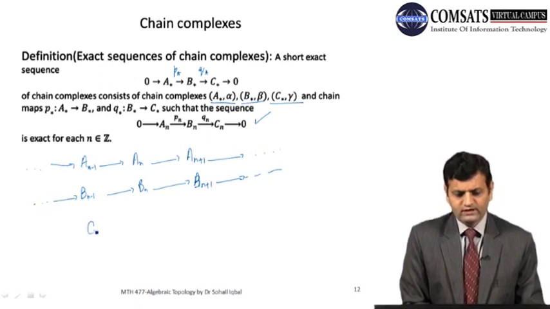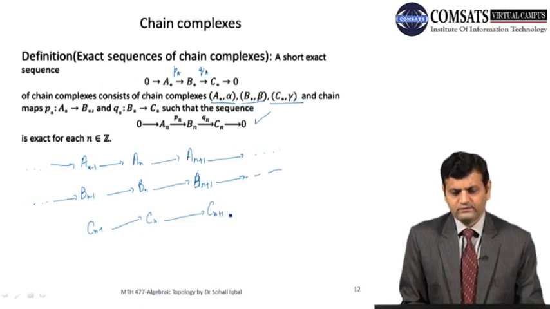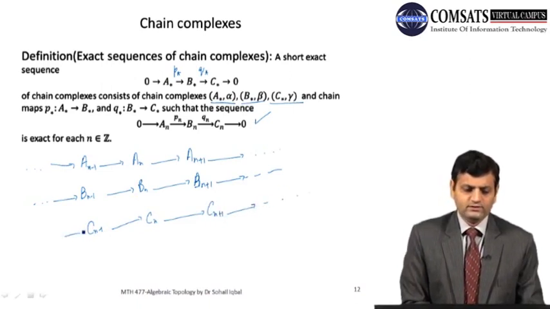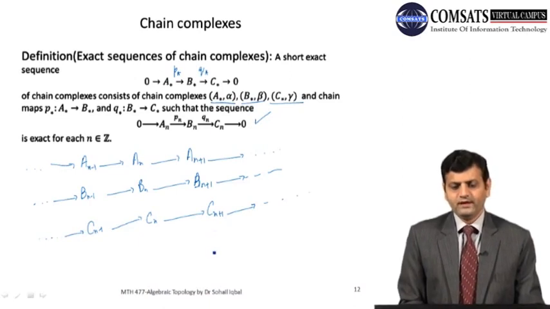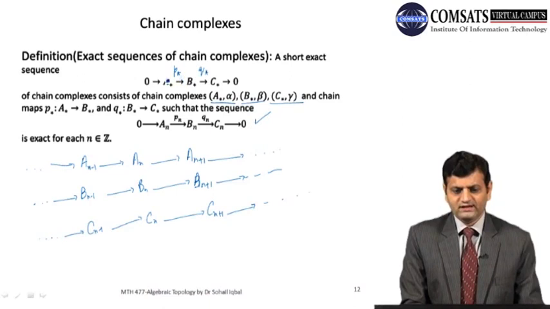Similarly, I have Cn minus 1, Cn, Cn plus 1, and so on. And this P star gives me a map for each and every n.